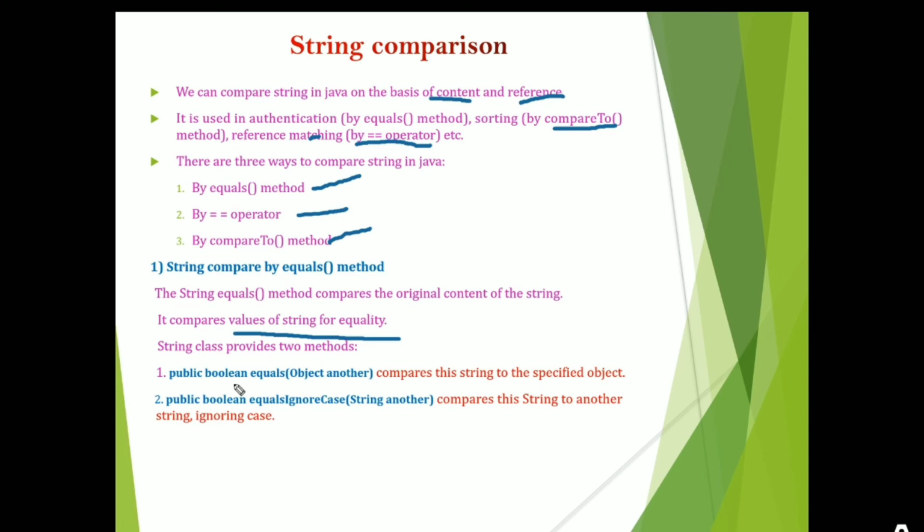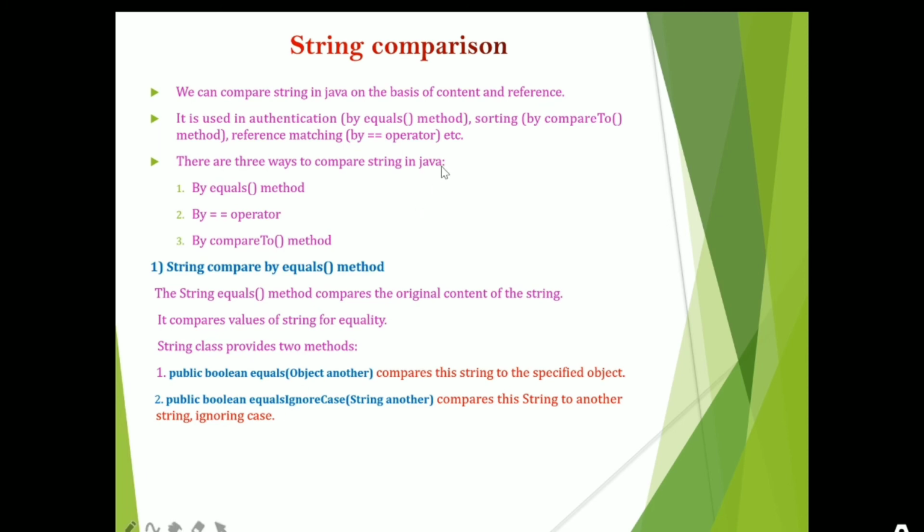Equals always returns boolean, as does equalsIgnoreCase. Equals compares the string to the specified object, and equalsIgnoreCase compares the string to another string, ignoring the case. Both are used to compare the equality of two strings.